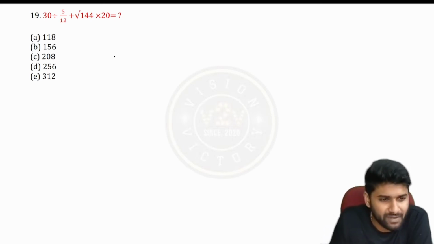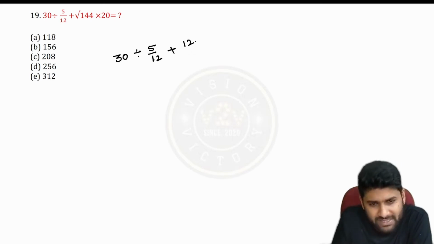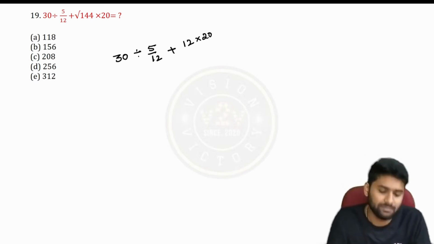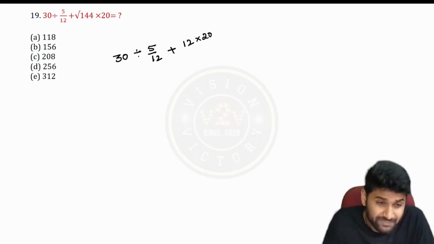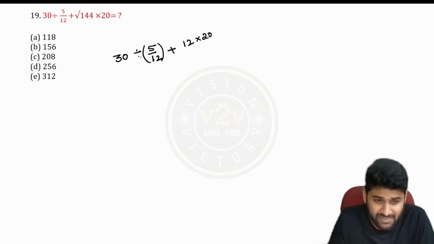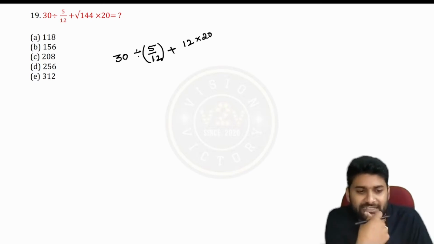See the next one. If 30 is divided by 5 by 12 plus under the root of 144, which can be considered as 12. 12 is multiplied by 20. What's the answer? Guys, see, this is the entire fraction. Remember that.